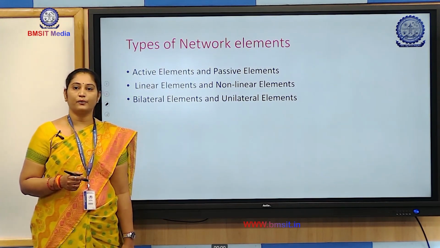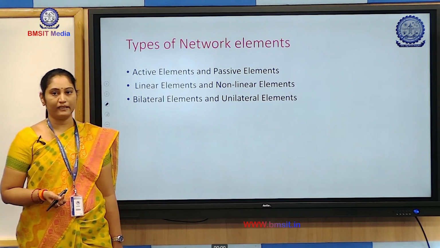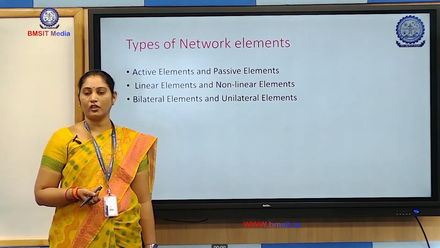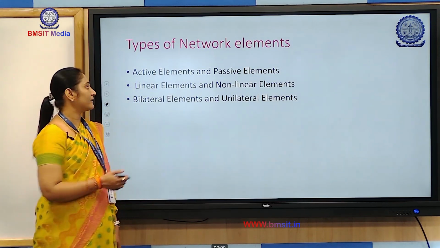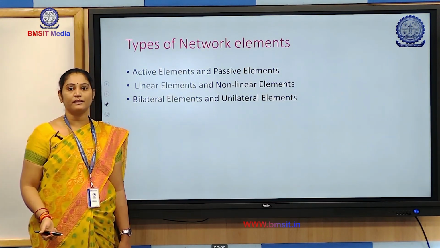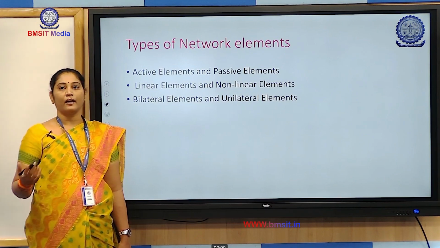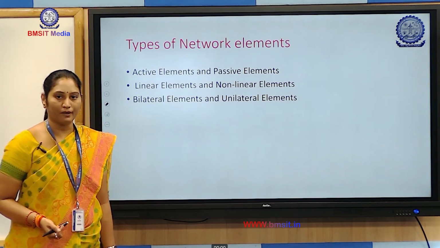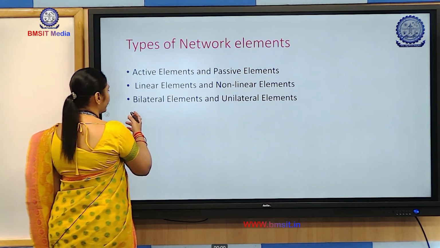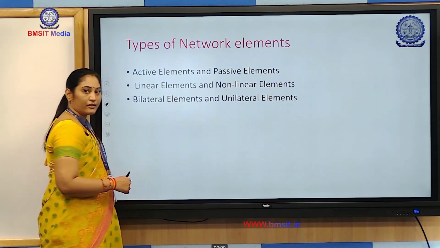Networks can also be classified as linear network or non-linear network, again depending on whether the elements used are linear or non-linear elements. With bilateral elements and unilateral elements, the network can be called a bilateral network or unilateral network.